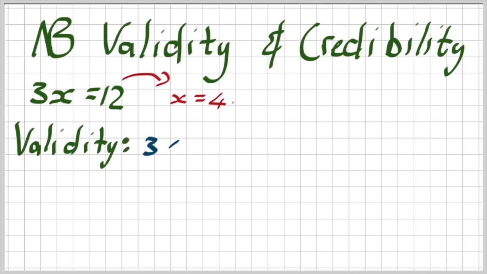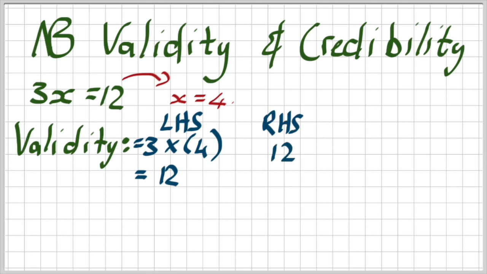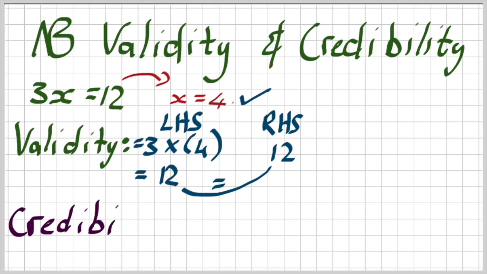Validity basically asks us, is our left-hand side equal to our right-hand side? Does it actually solve it? Now, if I look on the left and I substitute 3 times 4, that gives me 12. The right-hand side is 12, so therefore, the left-hand side is equal to the right-hand side.